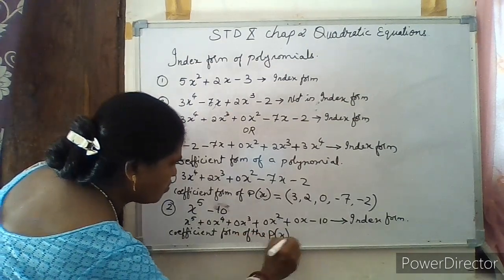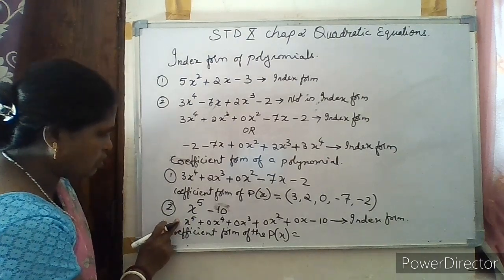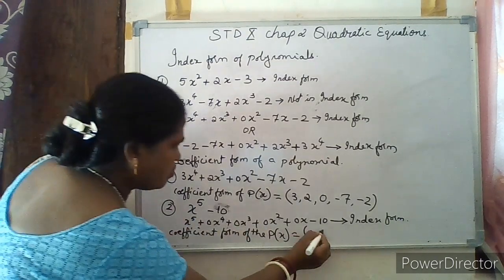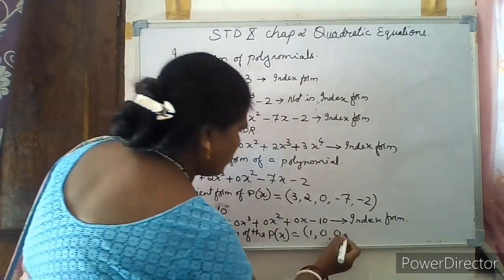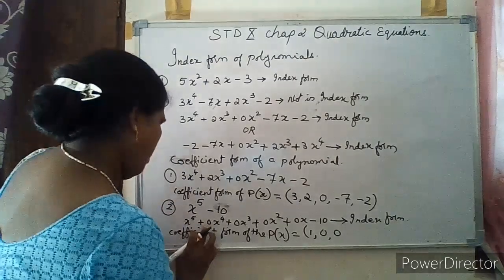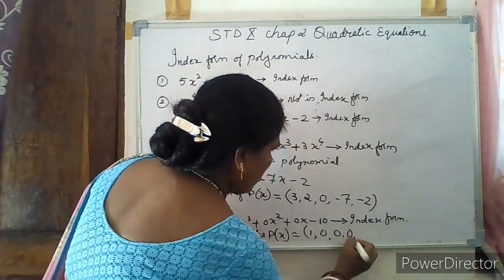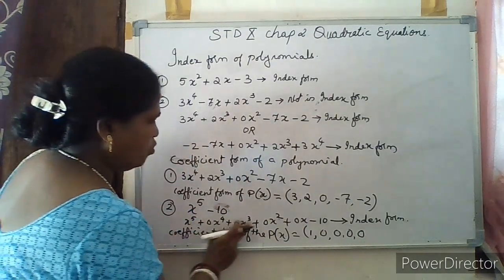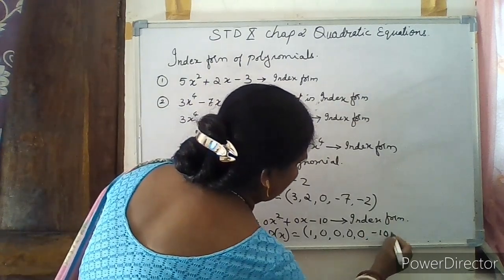Now the coefficient form of this will be p(x), again we can write. Here the coefficient is 1, then next 0, the next one with power 3 is 0, then 1, 2, 3, 4 zeros, then last minus 10.